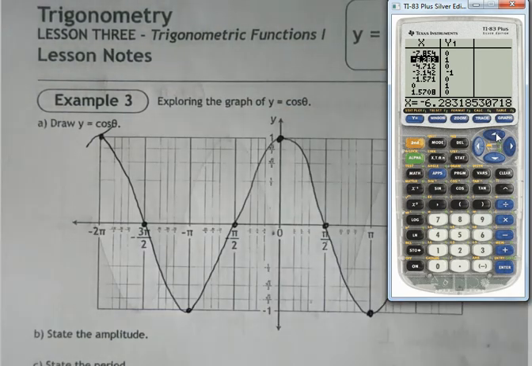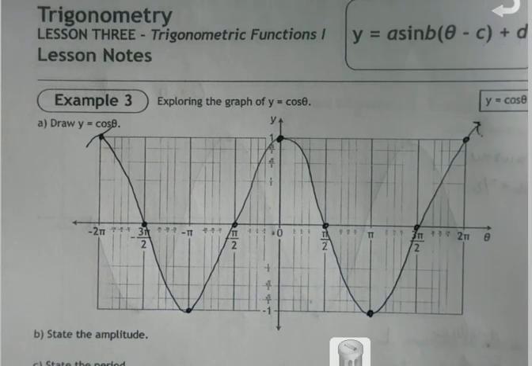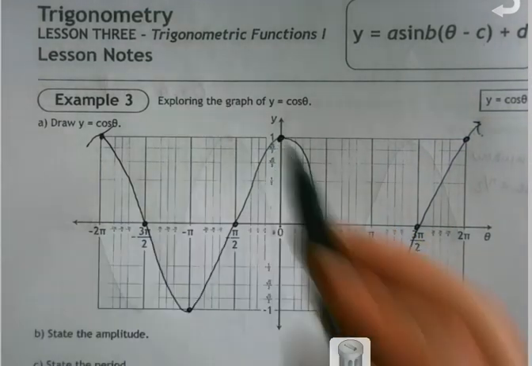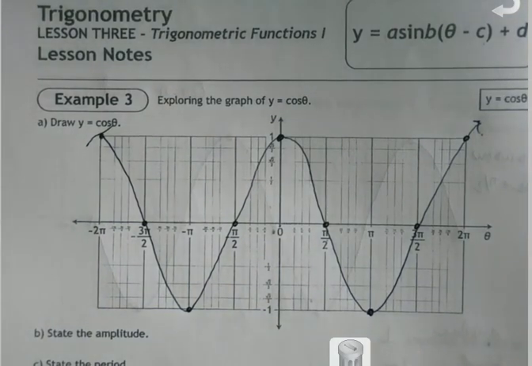So my cosine, when I look at it over this, does look different from what my sine curve did. But the big thing I always try to remember is, if I can remember that sine starts at 0 and cosine starts at 1, it makes remembering your parent graph or your base graph a lot easier.